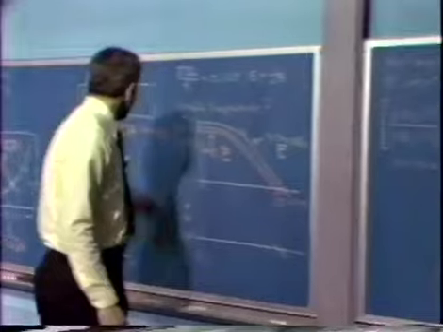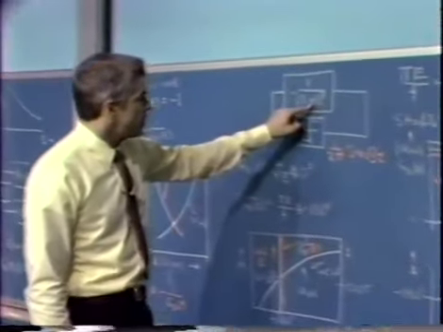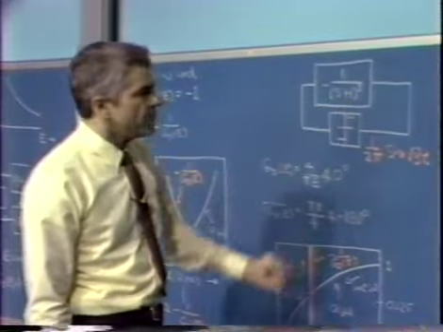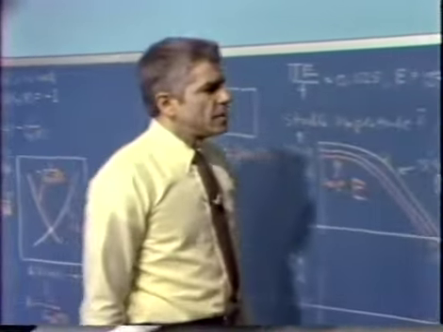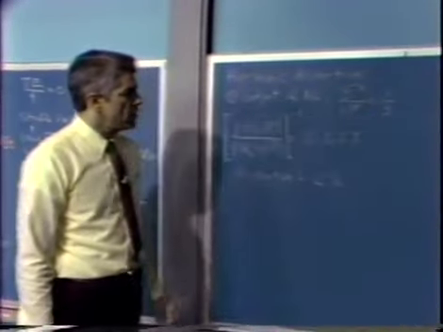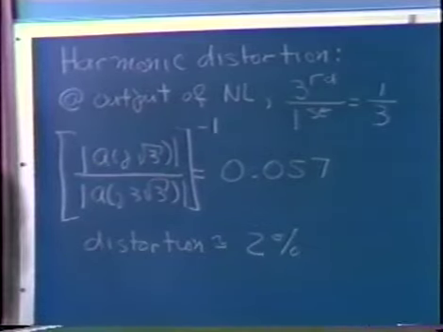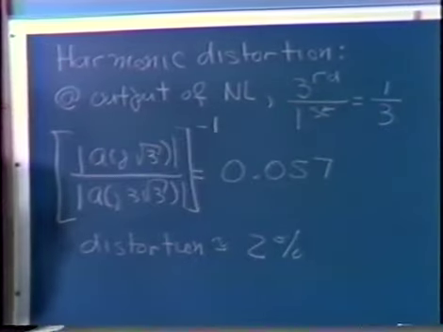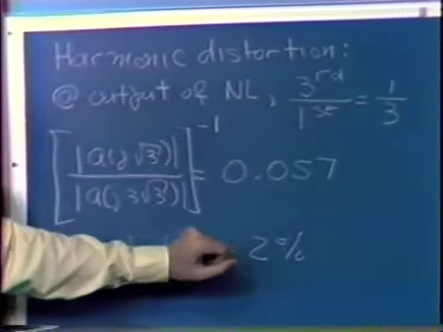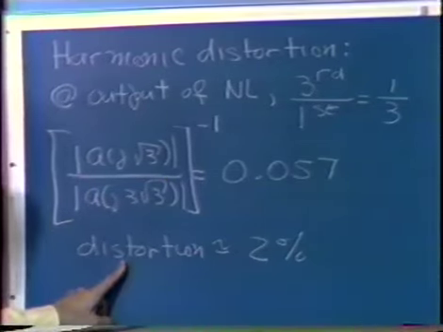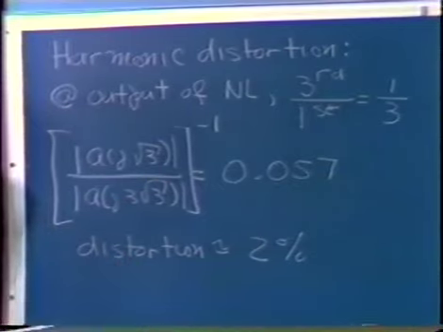The linear elements attenuate the third harmonic by a factor of nearly 20 compared to the fundamental. Since we started out with the third harmonic being only 1/3 of the amplitude of the fundamental, the net result of that original lower harmonic amplitude and the much greater attenuation applied to the third harmonic is that the distortion, or at least the third harmonic distortion in the signal, is about 2%.